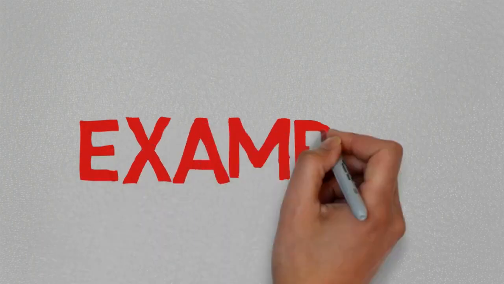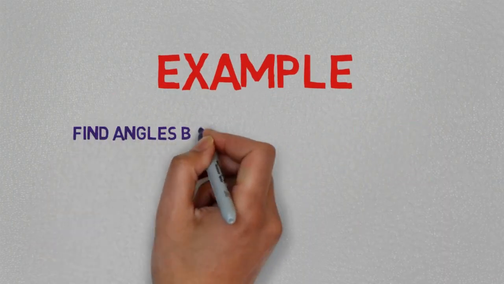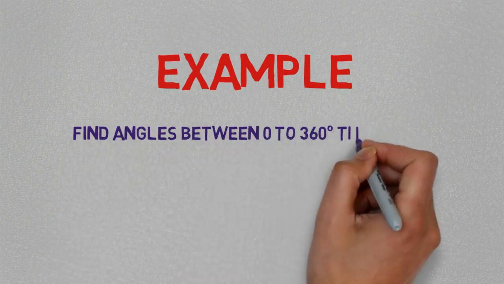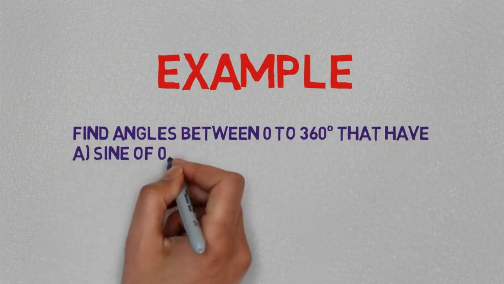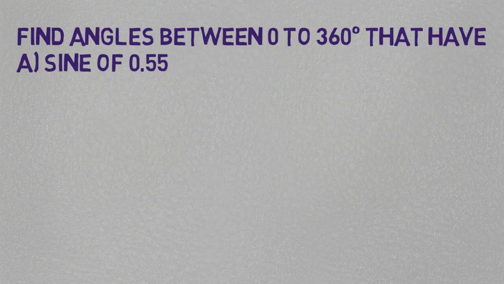So now let's try an example. Find angles between 0 degrees and 360 degrees that have a sine of 0.55. We know that the value is supposed to be positive. So let's search for the positive value, which will be in the first and the second quadrant.